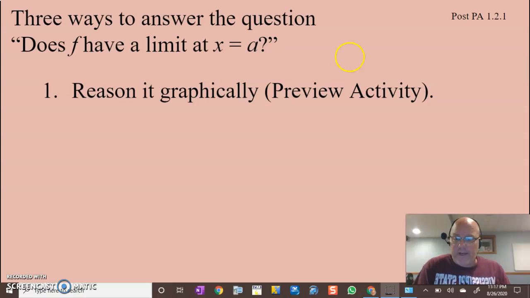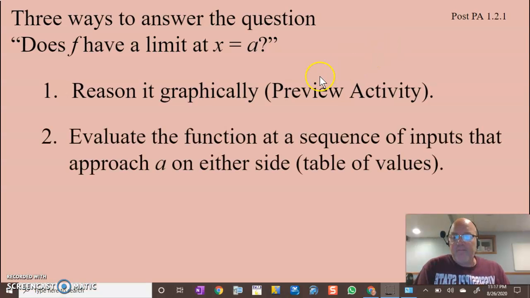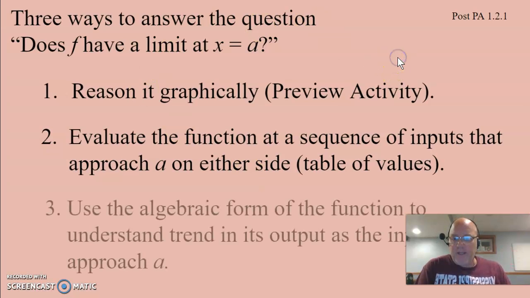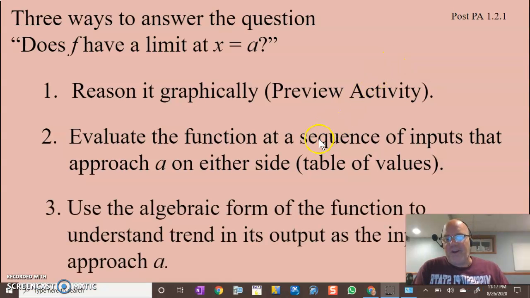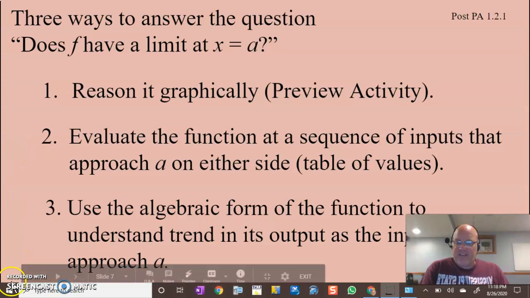The second way is to evaluate the function at a sequence of inputs that approach a on either side, which is just a fancy way of saying we're going to be using the table of values on our calculator, which we'll show you in the next video. And the third way is to use an algebraic approach, and we're going to try to figure out if the limit exists using algebra. You're going to see those things in action in this next example that we do.